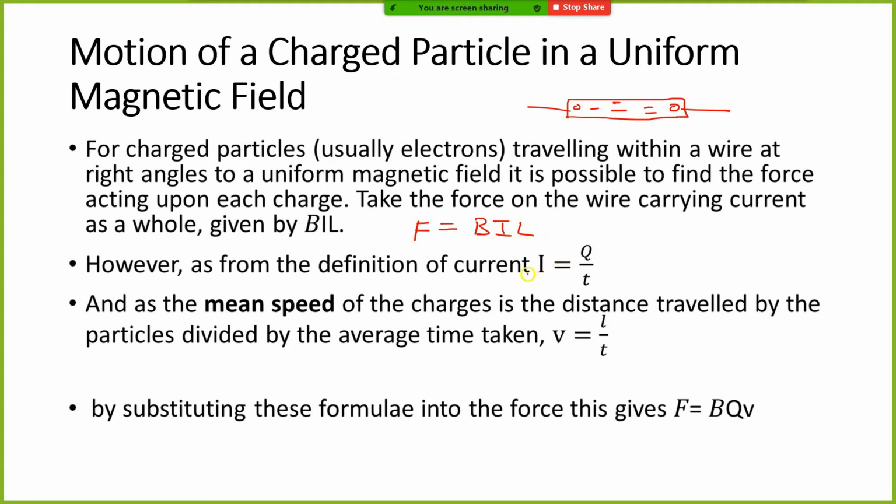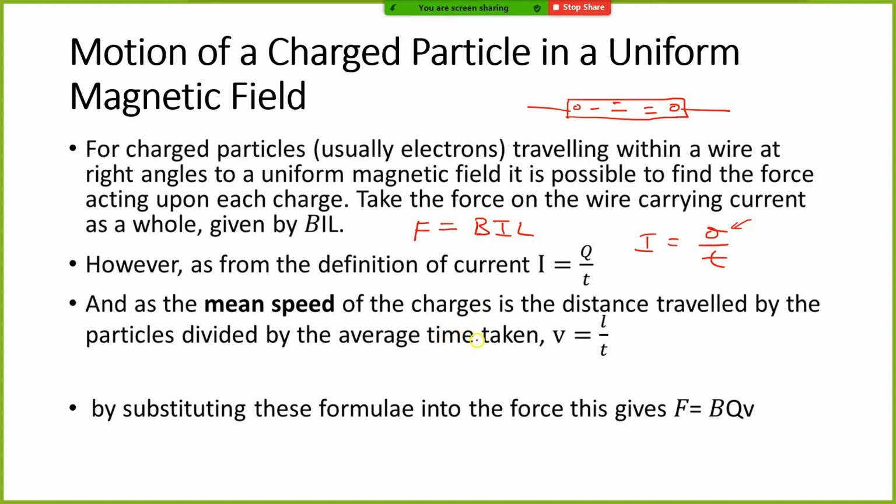Having said all of that, we can recall from definition that current is the rate of flow of charge, and we write it as current equals Q divided by T, where Q is the charge and T is the time. That is what current is.